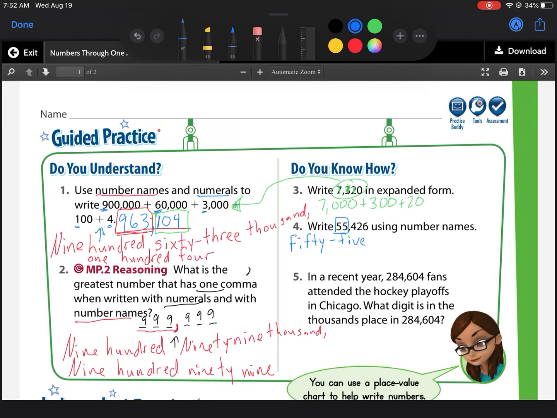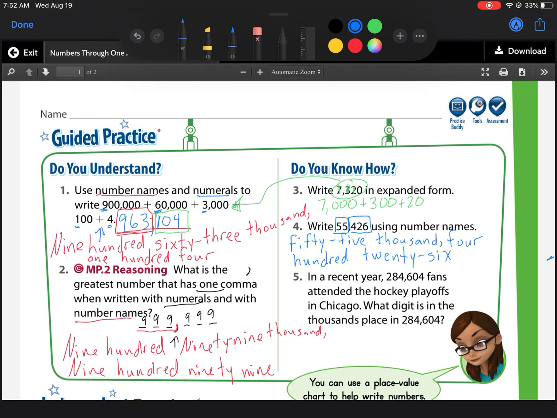That's my thousands place value. So it's 55,000. And then my next grouping is this right here. So I'm going to write 426. That is my number name. Heading off to our next one now.